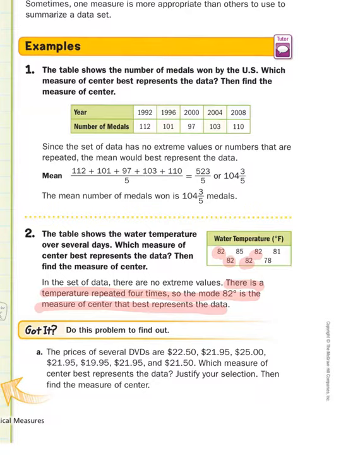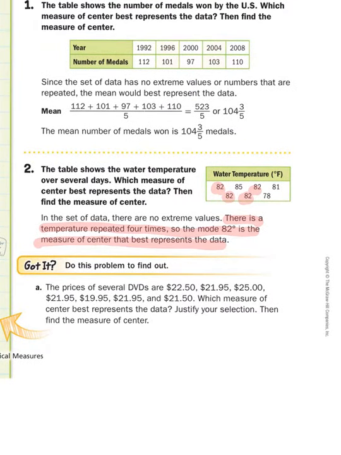Okay, so now, here is your job. We'll read it first, then we'll talk about it. It says, the prices of several DVDs are listed. Which measure of center best represents the data? Justify your selection, then find the measure of center. So here's what you're going to do. You're going to either say mean, median, or mode. Use the table at the top to help you. Then you have to give me at least a sentence why.